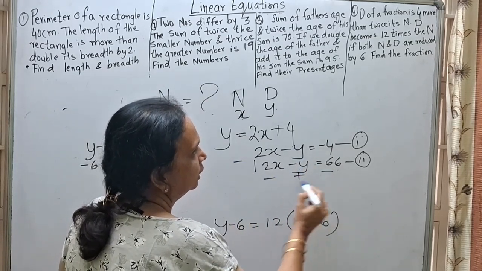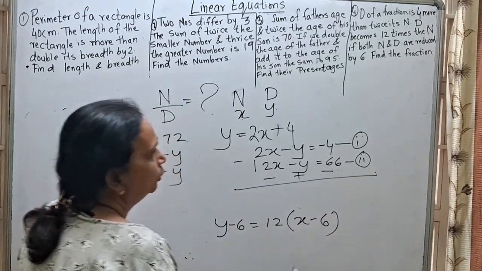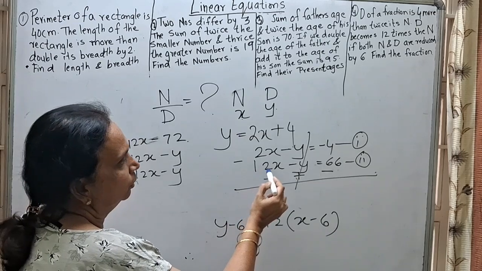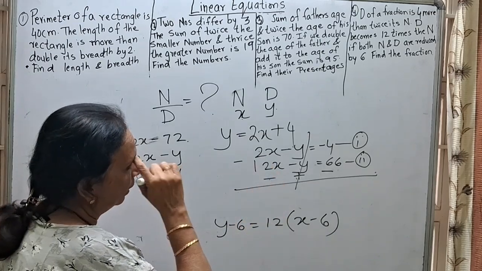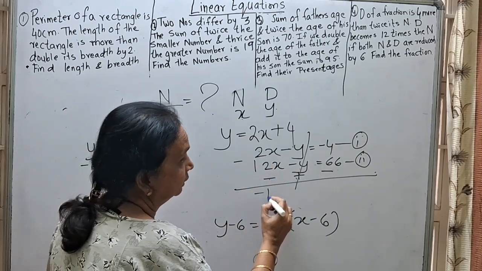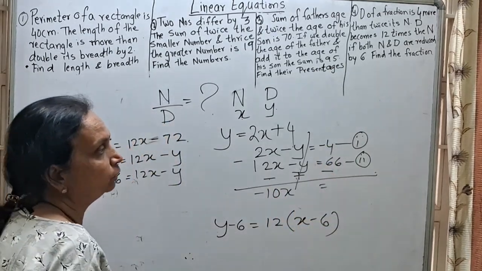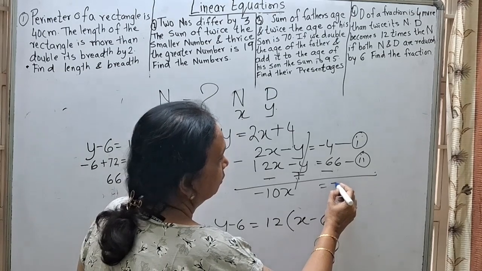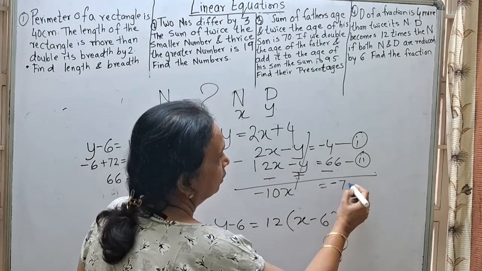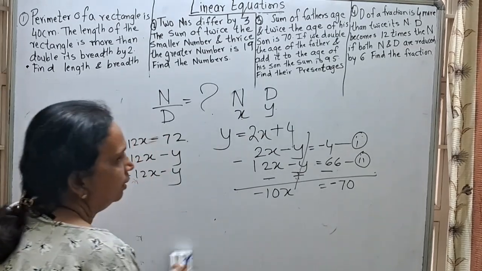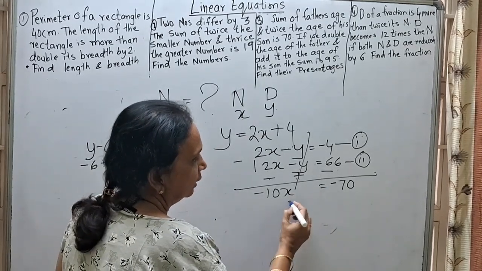Here it will become plus, here it will become minus. Plus y and minus y will get cancelled. Then 2x minus 12x, minus with the greater number's sign, so minus 10x. Both are minus, so you add and keep the minus sign, so I will be getting minus 70, and minus minus will get cancelled.